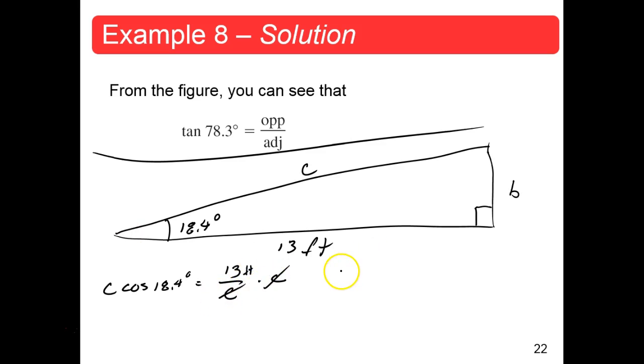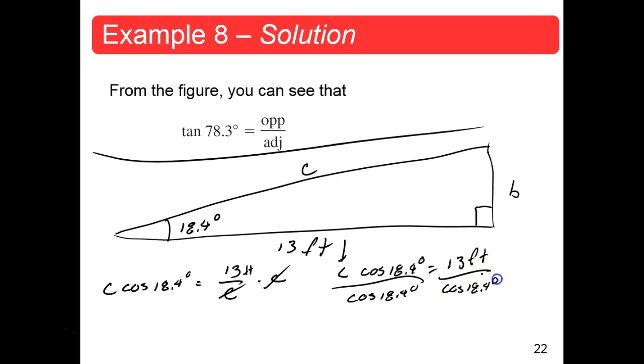So now we have C times the cosine of 18.4 degrees is equal to 13 feet. Now we divide both sides by cosine of 18.4 degrees. Okay, that gets rid of it here, and that leaves the C by itself, which is a very good thing. Unless you're C, of course.